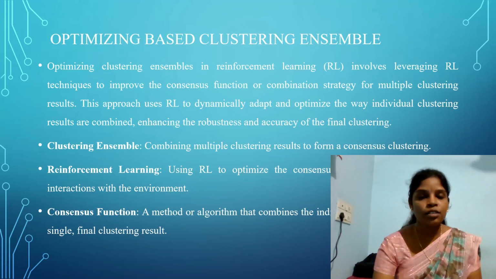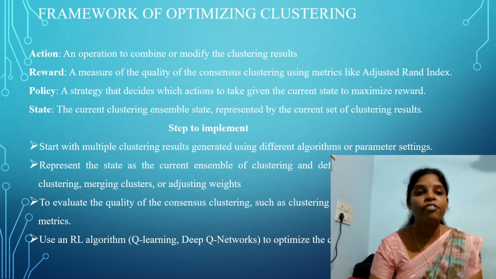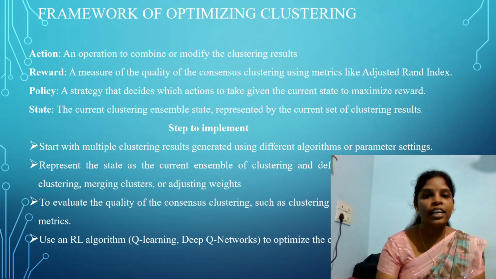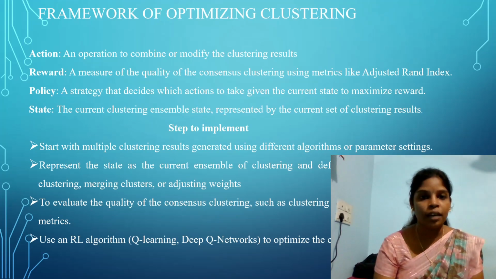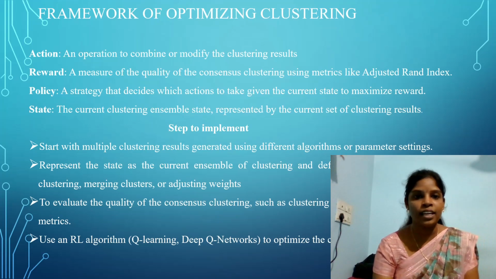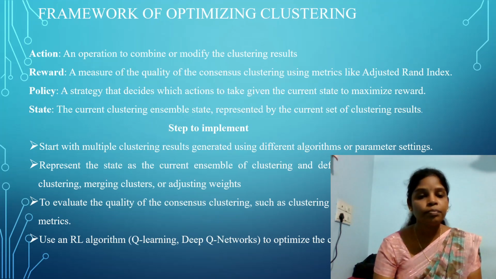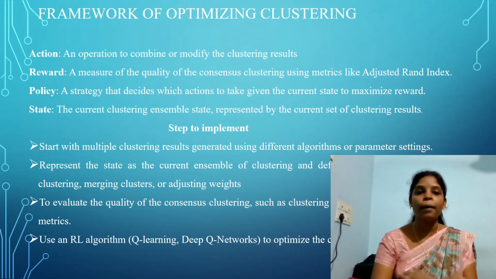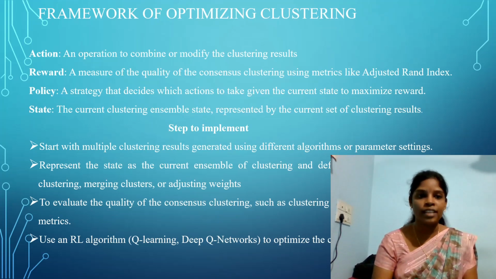Okay. So next, what is the framework of optimizing clustering? Already we know the action, reward, policy, and state. These all come under the framework of optimizing clustering. Action is the operation to combine or modify the clustering result; the operation we apply to modify and combine is called the action.